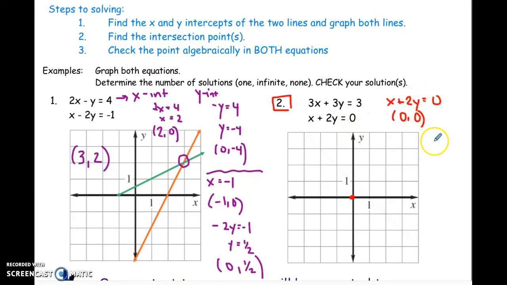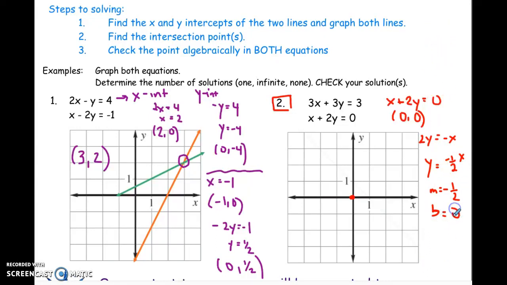So this is one you would have to solve by rewriting in slope-intercept form. 2y equals negative x, and when I divide by 2, y equals negative 1/2 x.